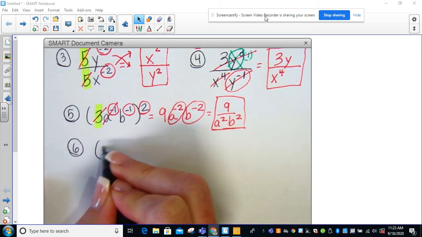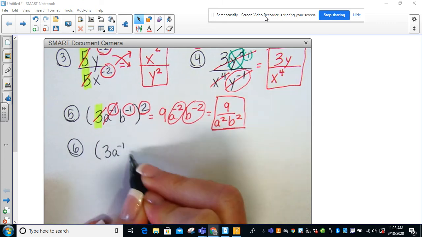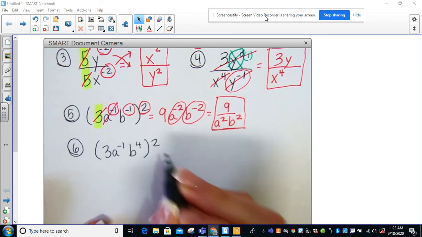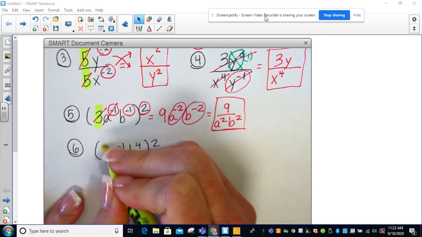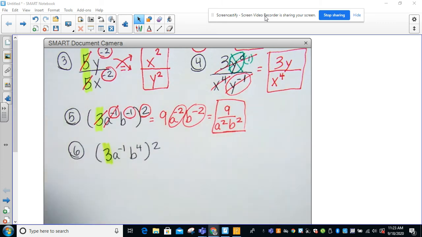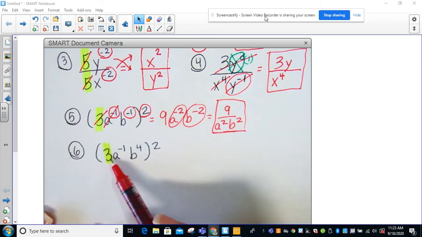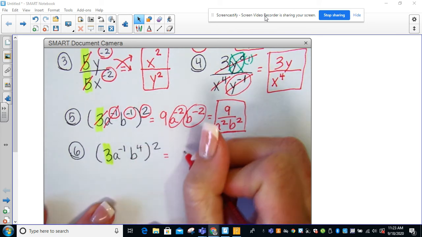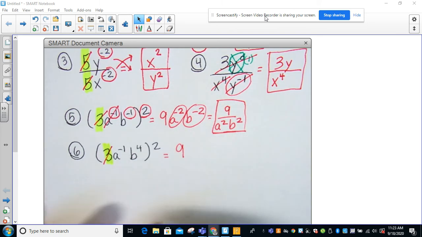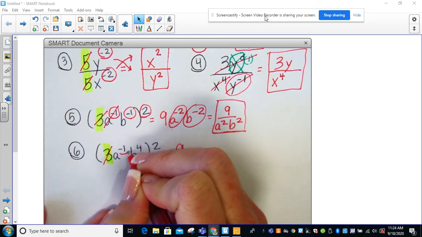Again, if you want to pause, try this one on your own. You can, and then come back when you're finished. Same thing. Let's look at our coefficient first. Don't forget, this is the common mistake. People will forget to square the 3. That is your most common mistake that you'll see. 3 squared is 9. So now that one's gone. So now we have a power to a power.